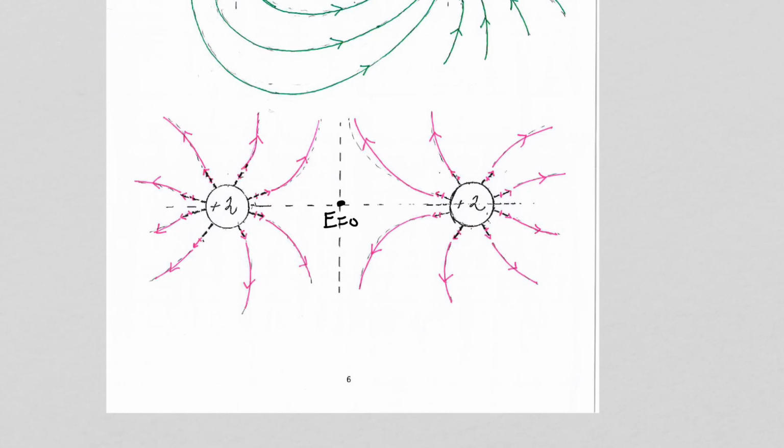Because this positive 2 would push a test charge here to the left. This positive 2 would push the test charge to the right. So we do get 1 point right in the middle that would be 0.